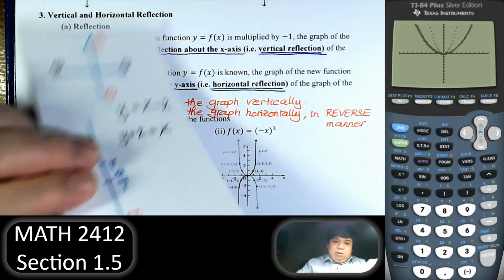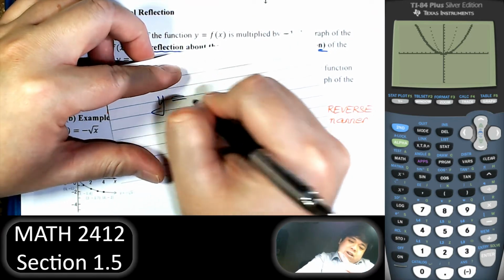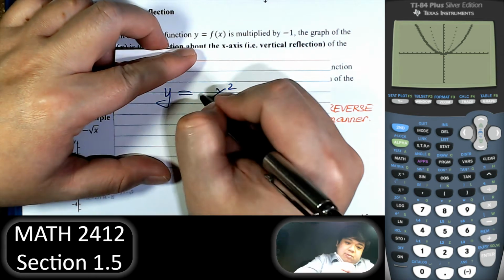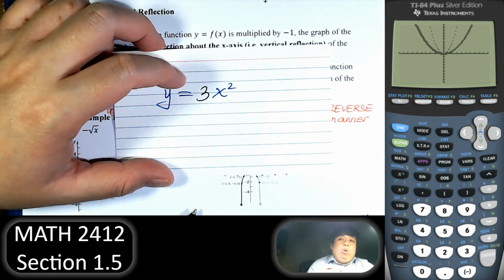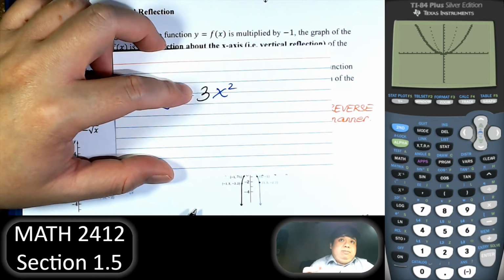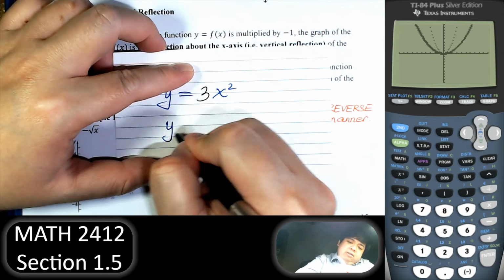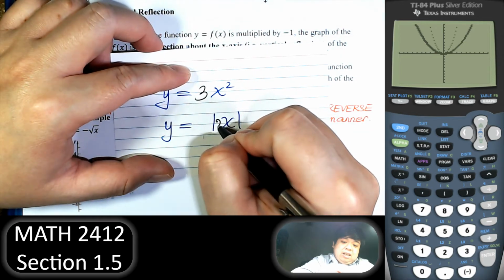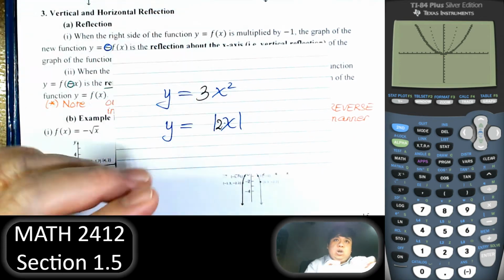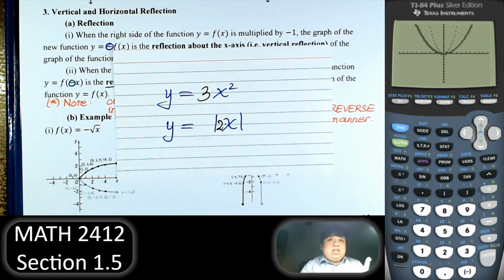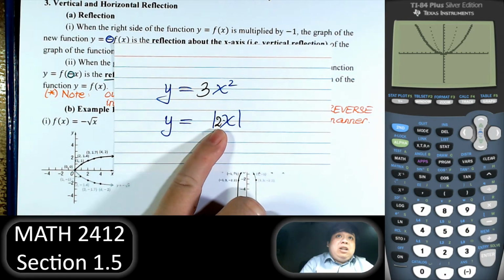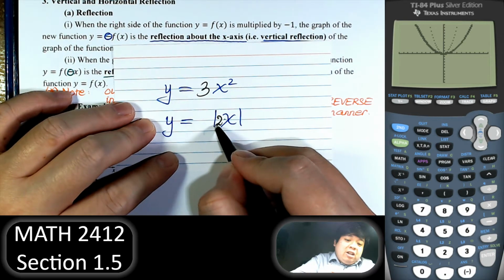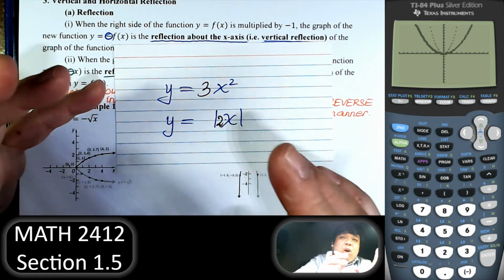Right? So think about this. If we just have x squared, for example, if we multiply a number in front of it, it will affect the graph vertically. Multiply by 3. Now if we have absolute value of x, and instead we multiply a number into x, so this is inside of the function, inside of the absolute value, inside of the parentheses, it will affect the x values, affect the graph horizontally.